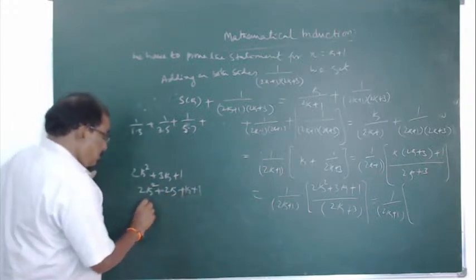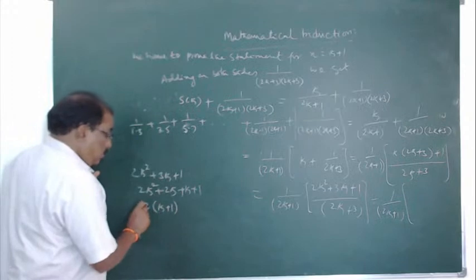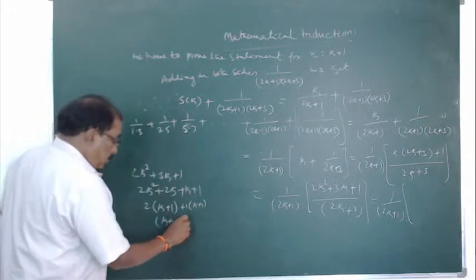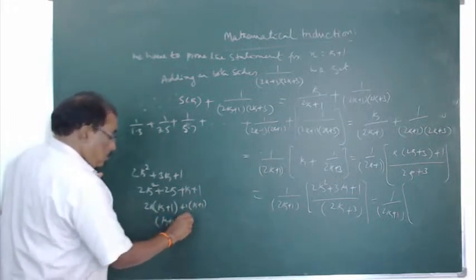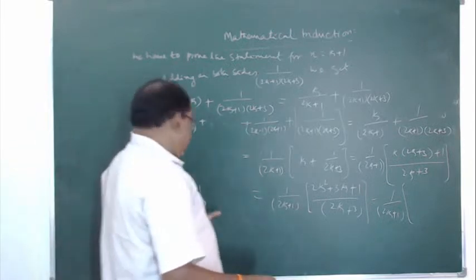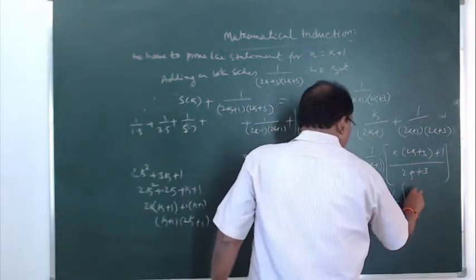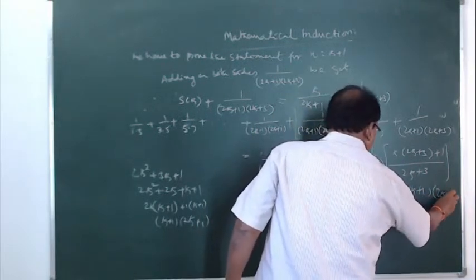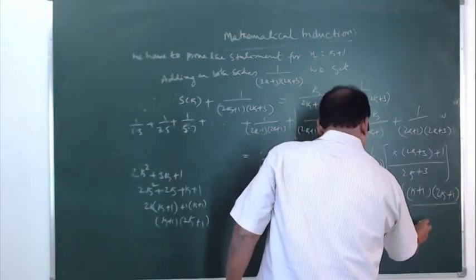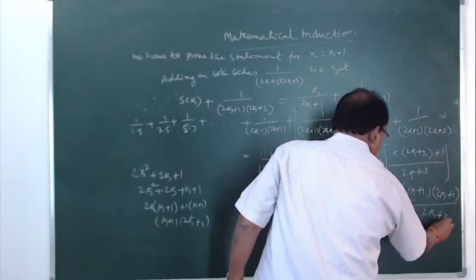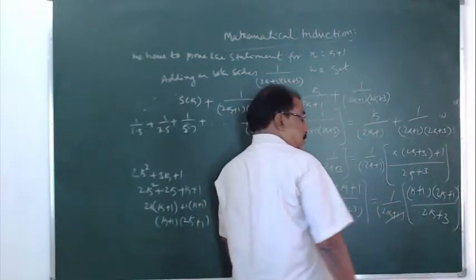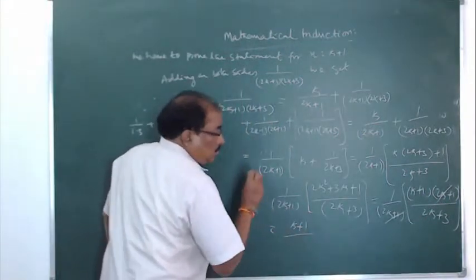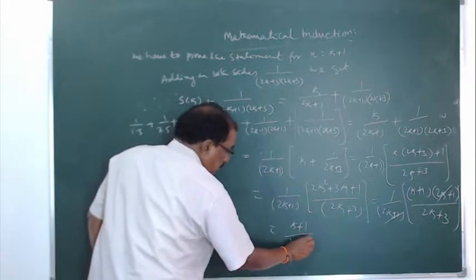Then 2k is common and 1 is common, and k plus 1 is the common factor: (2k plus 1)(k plus 1). Here 1 by (2k plus 1) into (k plus 1)(2k plus 1) by (2k plus 3). Therefore, 2k plus 1 gets cancelled, and the remaining solution is (k plus 1) by (2k plus 3).